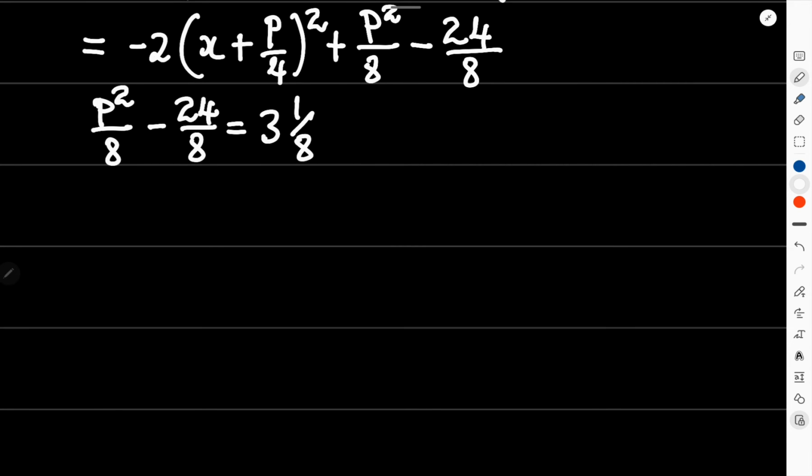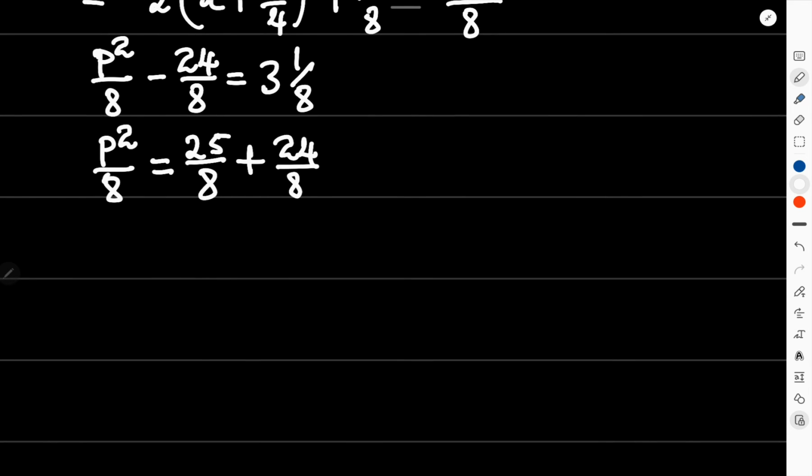And this will be p squared over 8 equals 25 over 8. That is the same as 3 whole number 1 over 8 plus 24 over 8.